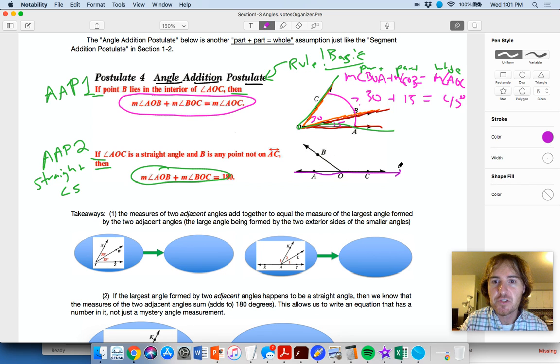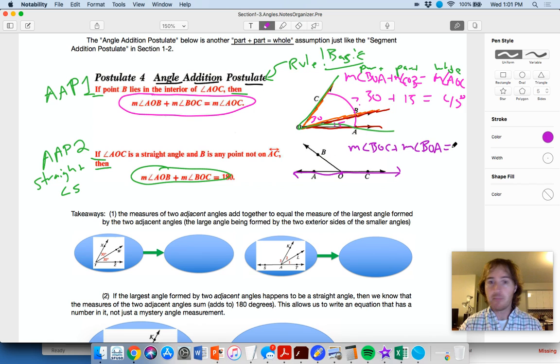This fits the definition of a straight angle because we have ray OC and ray OA, and they share that common endpoint of O here. So in this situation, we can take measure of angle BOC, again part plus part, measure of angle BOA, equal to the whole.